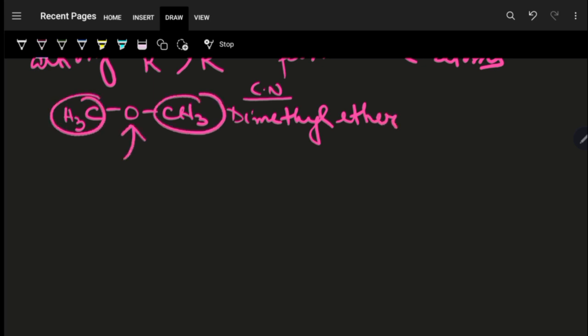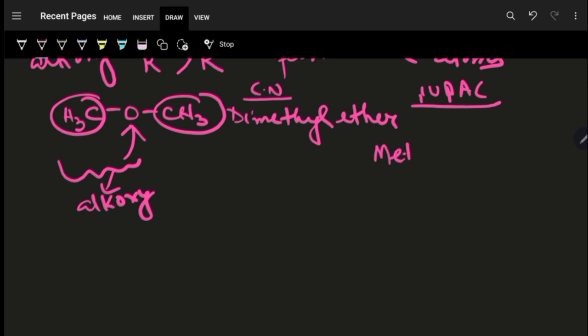But the IUPAC name will be of the alkoxyalkane type. This part is your alkoxy and it contains only 1 carbon atom, so it is methoxy. The parent chain also has 1 carbon atom, so it will be methoxymethane.